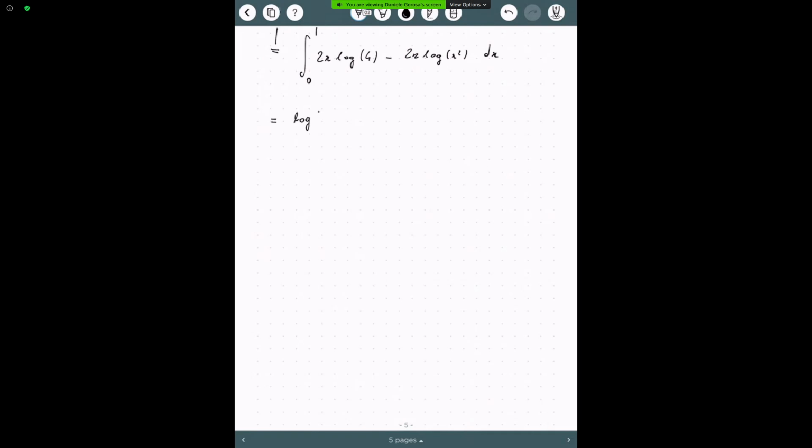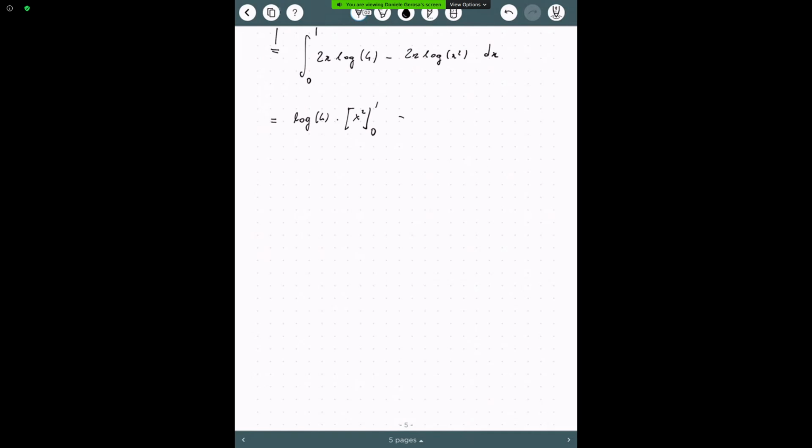We have logarithm of 4 times x squared between 1 and 0 minus, and that's clear. Let's see. Yes, so this has to be integrated by parts, I think.